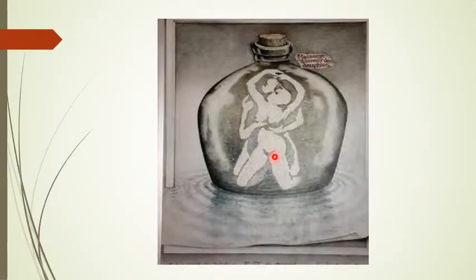Here is a classical illusion in which there is a bottle, and we can see a picture here. In the first impression, we can see that this is a lady and a person is hugging her from behind.